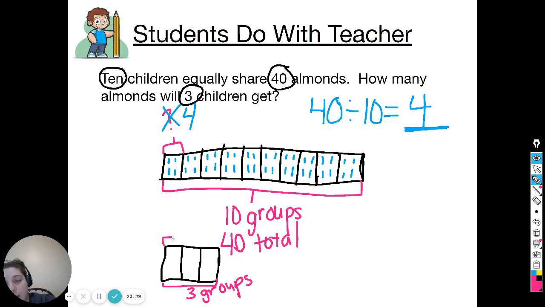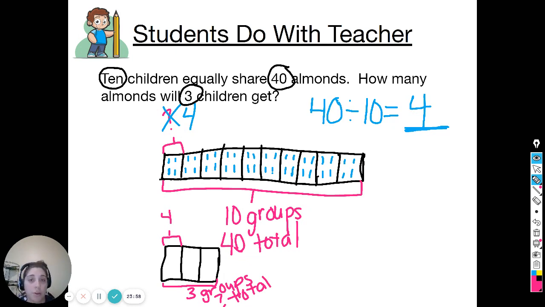So I'm going to go ahead and label the size as 4 because that hasn't changed. So now when you're looking at this, I do not see a total. We don't know how many almonds the 3 children are going to get altogether. So we don't know our total.